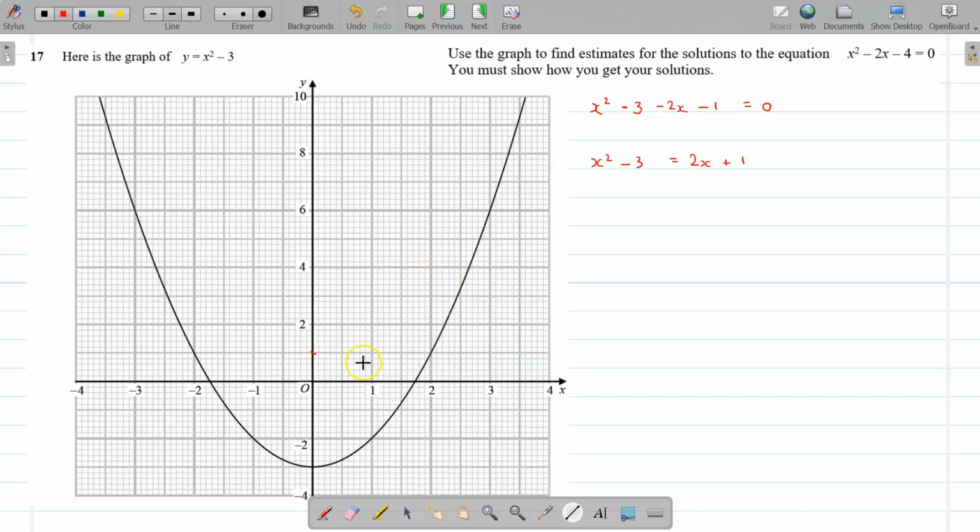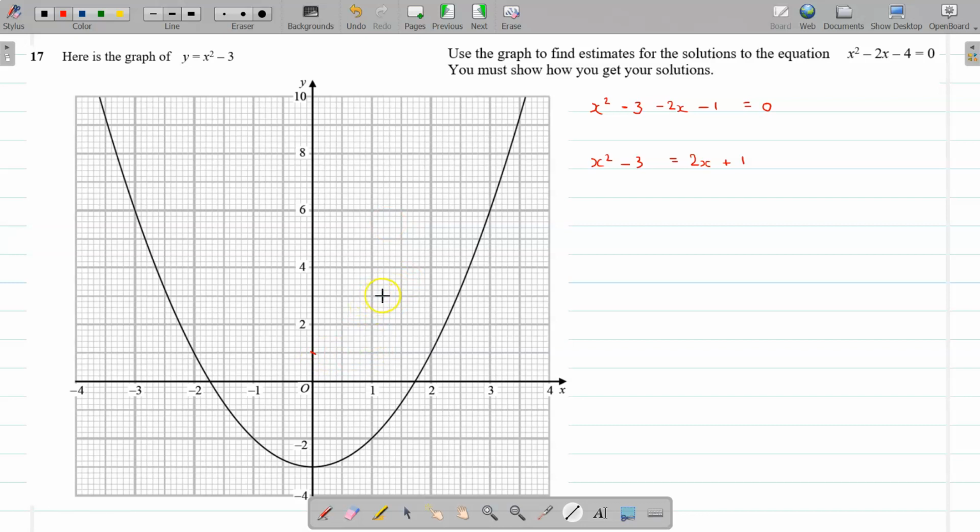But be really careful here because the scales are different. All right, so you've just got to be careful. So it's not a line going up steeply like this, but for every one you go across, you go up 2.